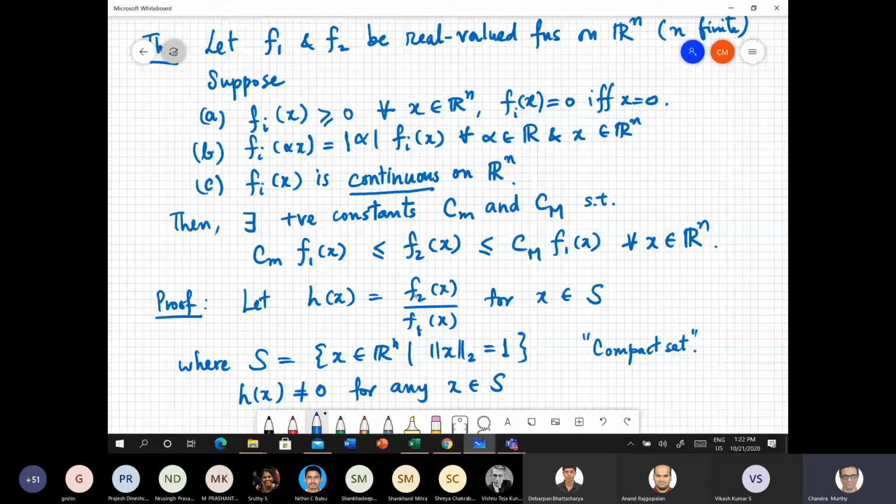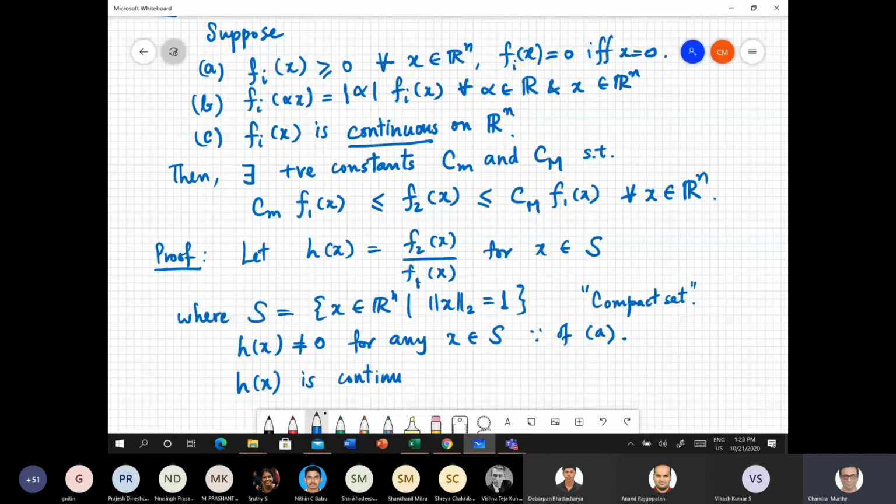And so both these numbers, f2 of x and f1 of x, are strictly positive numbers, and so the ratio is also some strictly positive number, and so h of x is not 0 for any x in S. And also h of x is continuous on x belonging to S because of this property C. The ratio of two continuous functions is also continuous.